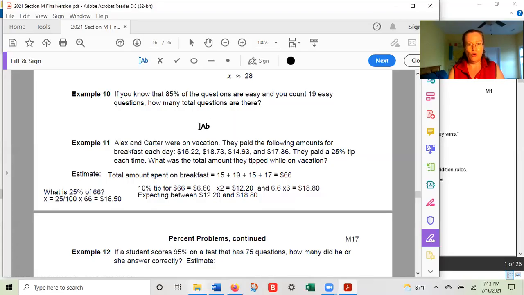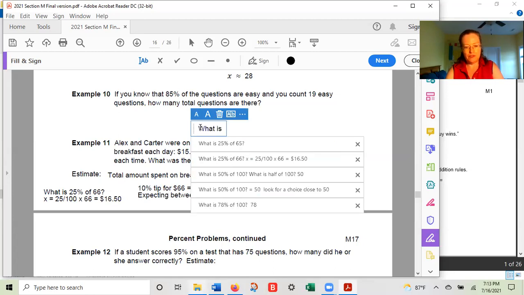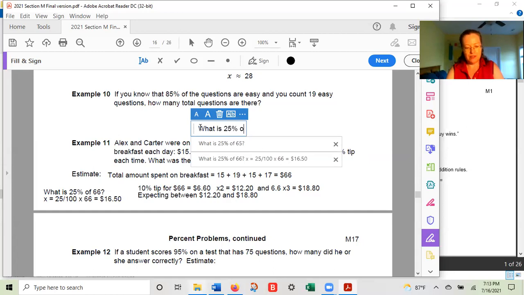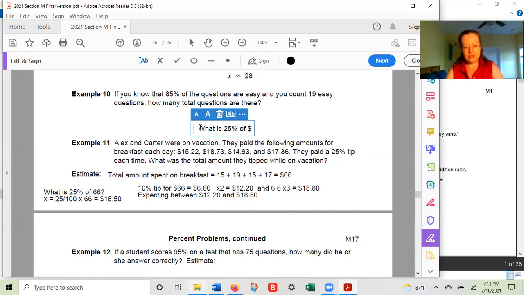If I do the whole thing, then I get what is 25% of $66.24. So you already know it's going to be really close, right? 0.25 times 66.24, $16.56.